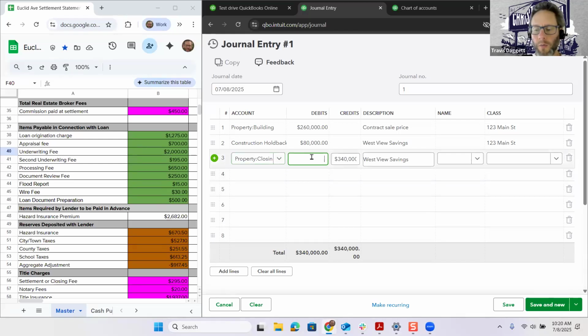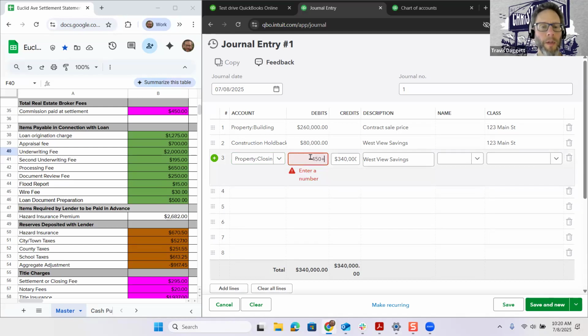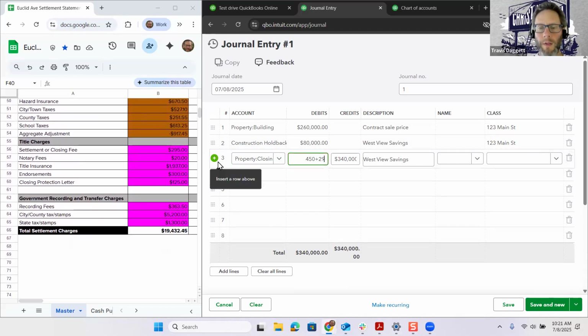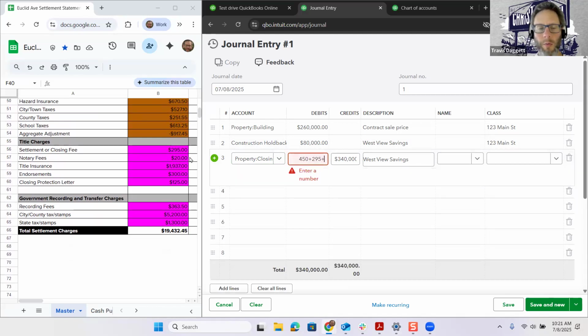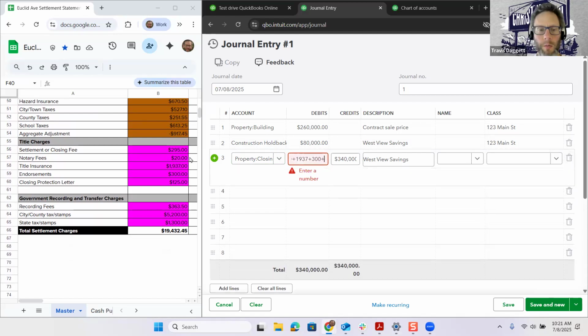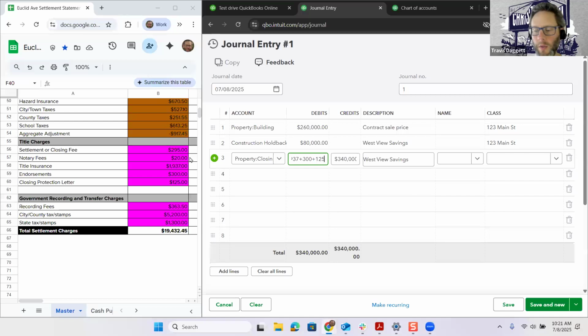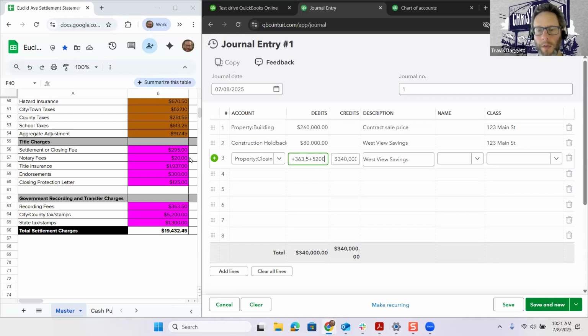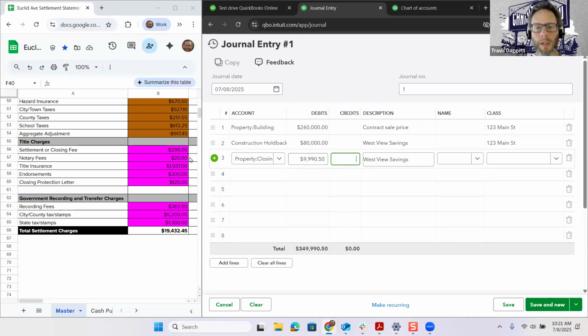Well, the $450 commission plus the $295 plus the 20 plus the 1937 plus the 300 plus 125 plus 363.50 plus 5200 plus 1300. Okay, those are all our closing costs.